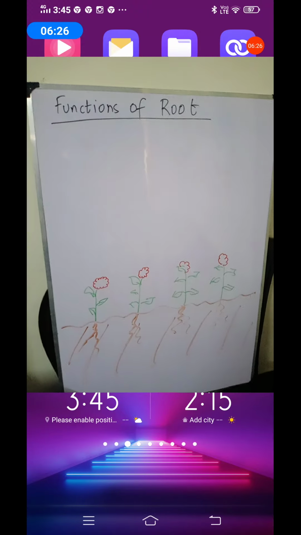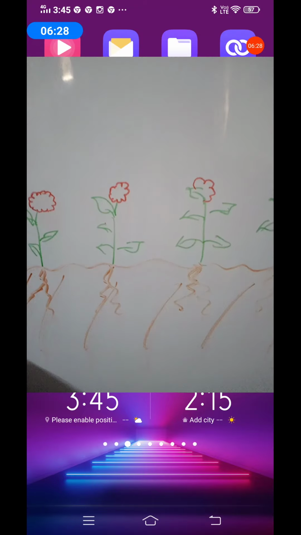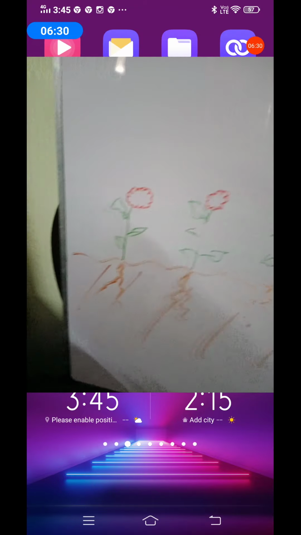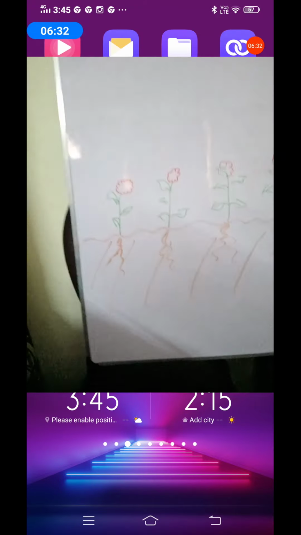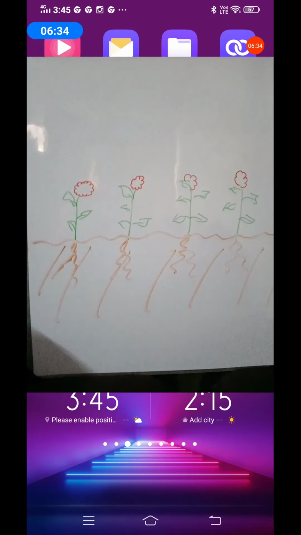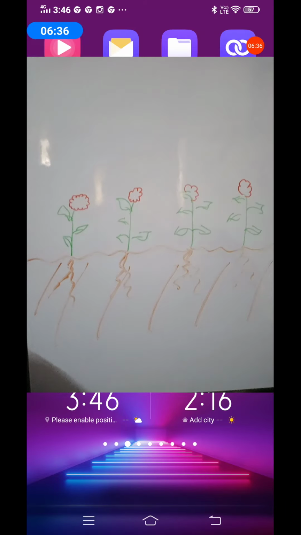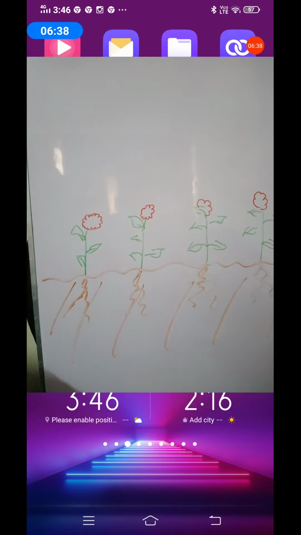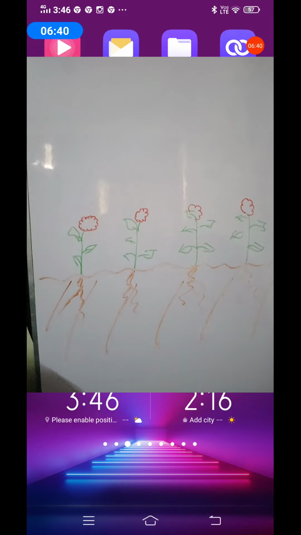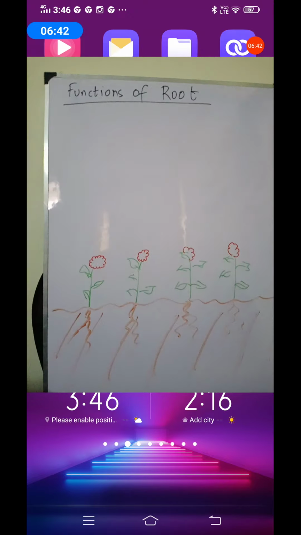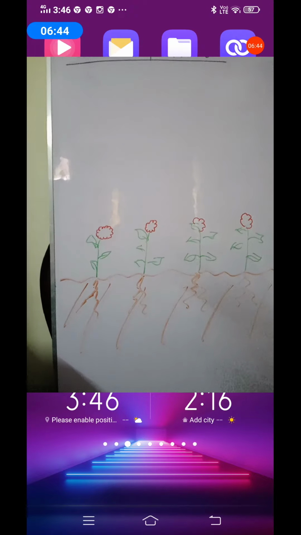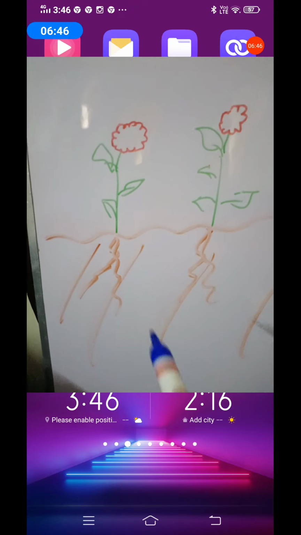All right students, so now we are going to start with the functions of the root. Based on this diagram, this picture that we have drawn, my son here has helped me to draw this. Based on this, we are all together going to jot down the functions of the root. I hope you can see this portion here.